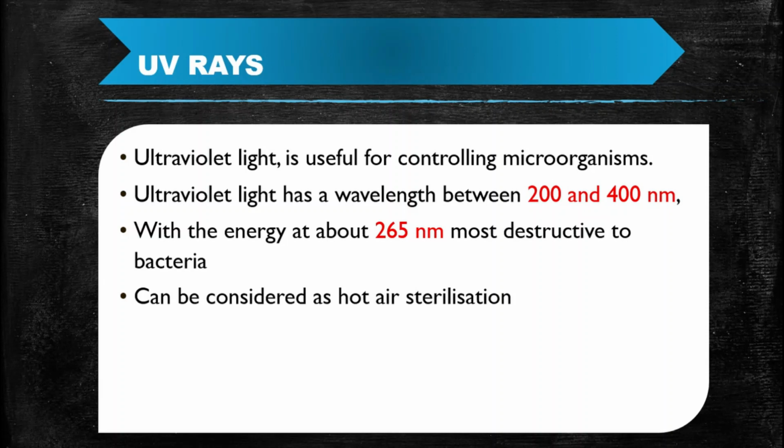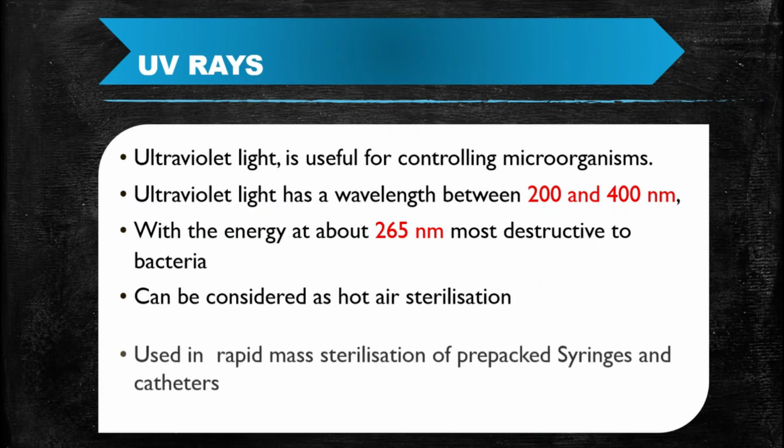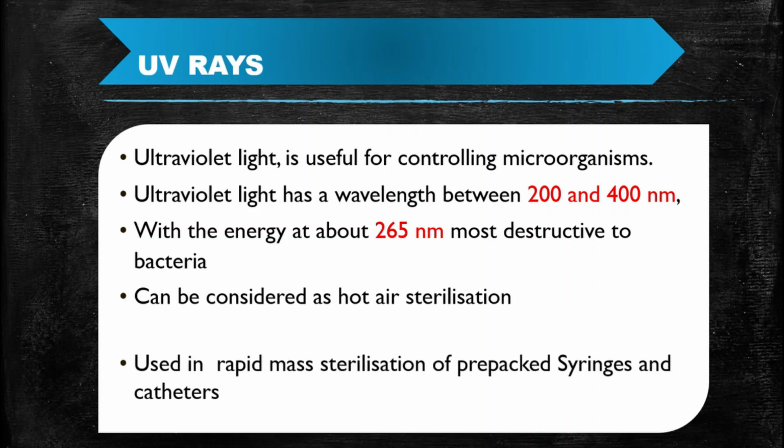This term means that some form of heat may be produced by the radiations. That's why I have mentioned it can be considered as hot air sterilization. Hence, it is used in rapid mass sterilization of pre-packed syringes and catheters, particularly plastic syringes and catheters. They are sterilized in mass by using these ultraviolet rays.